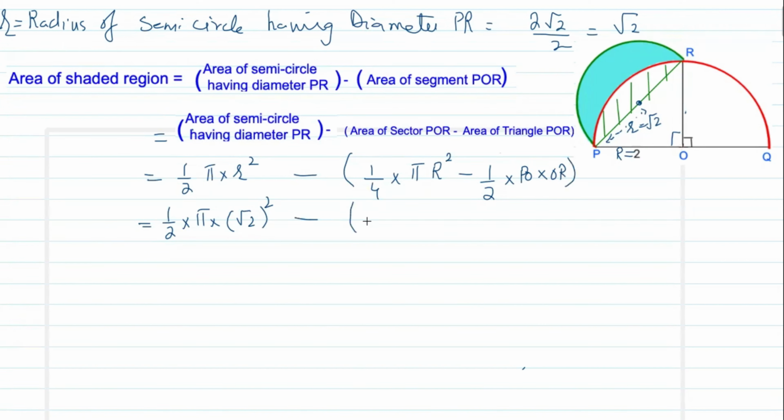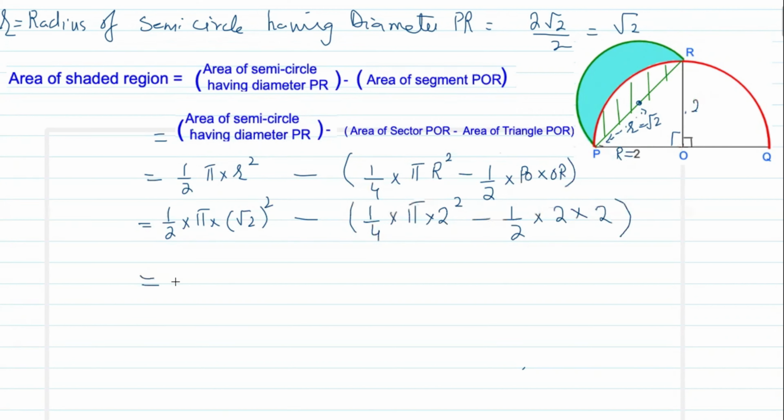Now we substitute the value here. 1 over 4 into pi into radius of this quarter circle, capital R, that's equal to 2 square, minus 1 over 2 into PO length. You see here is 2 and OR length is also 2 because this is also the radius of this semicircle. Therefore, we write it as 2.